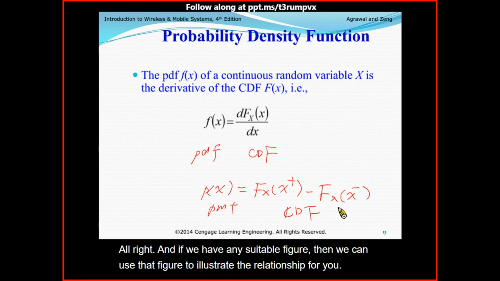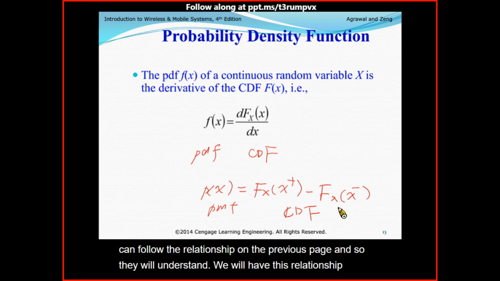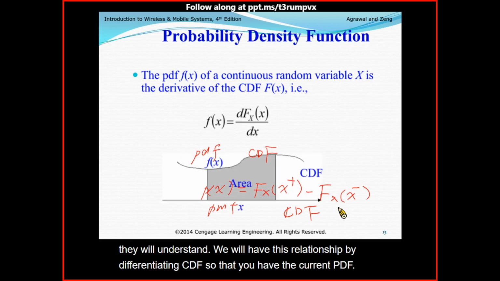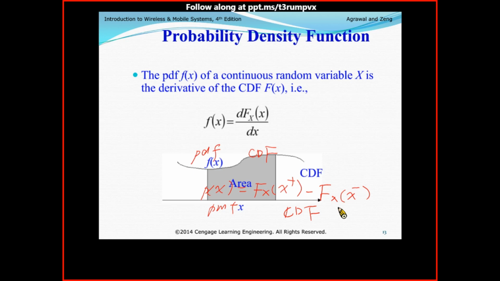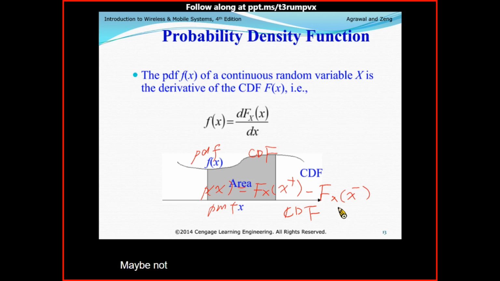Well, if you want to check the current relationship, I think you can follow the relationship on the previous page, and so that you will understand we will have this relationship by differentiating CDF so that you have the current PDF. Well, why? Actually, you can follow the previous relationship to understand the area, from negative infinity to x.